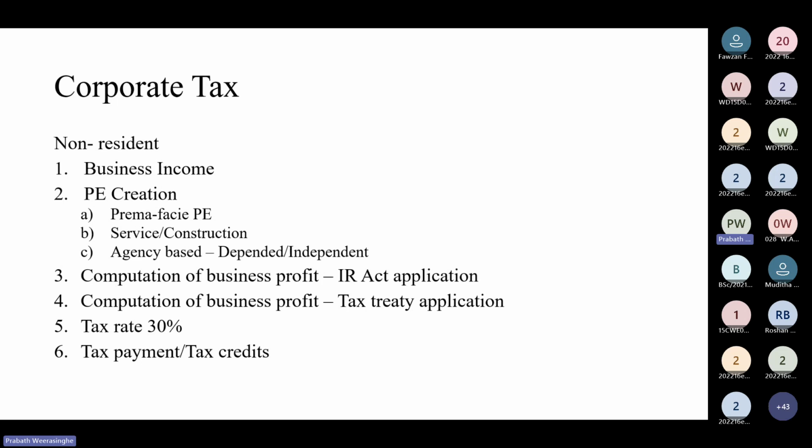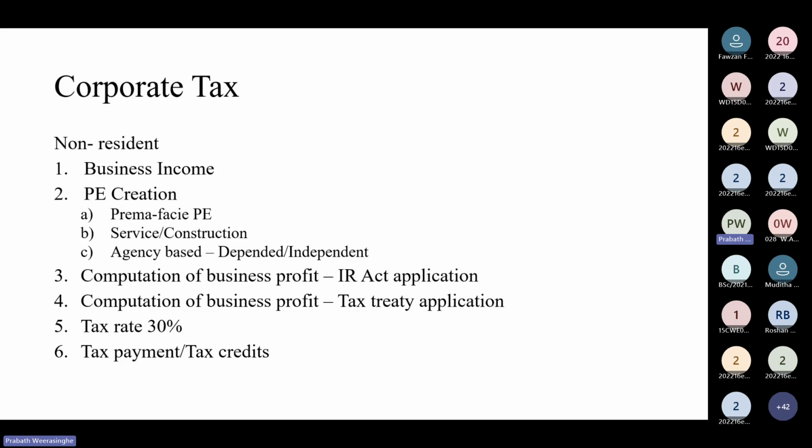Then the branch office shall be treated as a separate entity, and we have to work out the tax liability on the entity, right? So we have to apply the domestic law when we work out the assessable income, the taxable income. Therefore, the Inland Revenue Act is applicable for this non-resident asset, right?